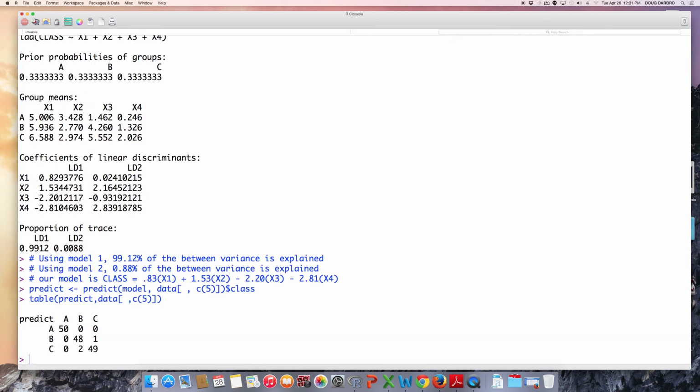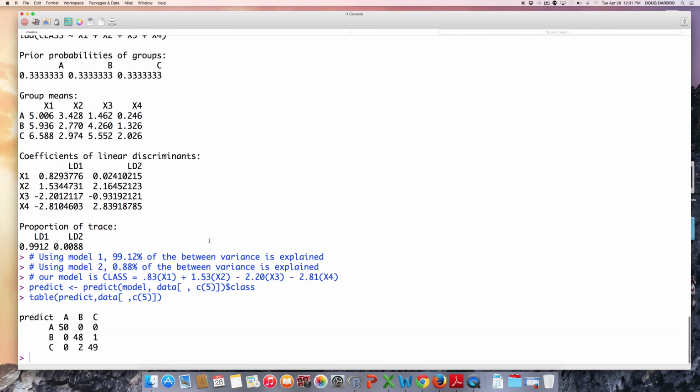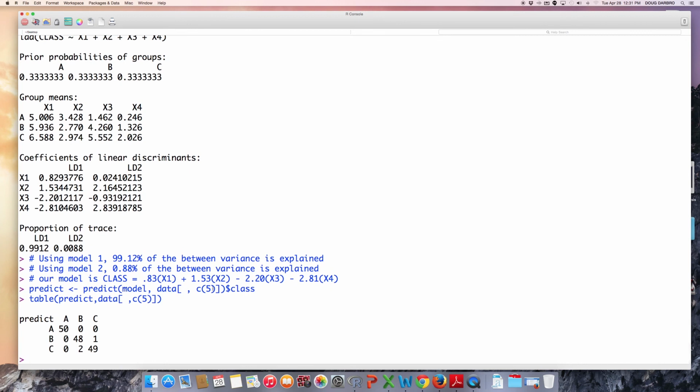Okay, now we get into percentage of accurately classified cases. So for A, I had 50 accurately classified cases. For B, 48 were accurately classified. And for C, we had 49 that were accurately classified. We had a total sample size of 150.